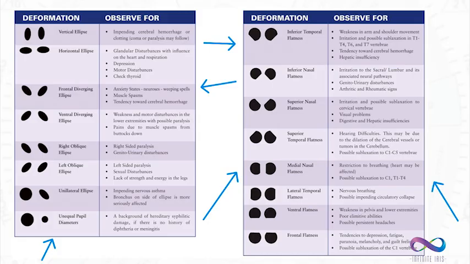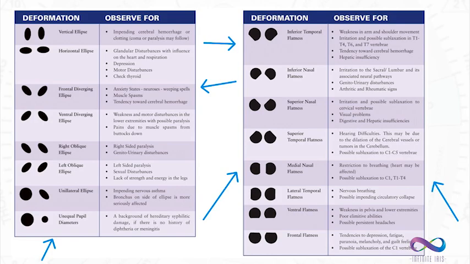The medial nasal flattening: restriction to breathing, the heart may be affected, possible subluxations to C1, T1 through T4. The lateral temporal flattening, on the outside of the pupils, shows nervous breathing, possible impending circulatory collapse.